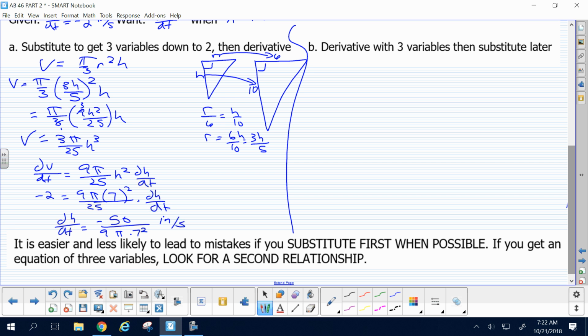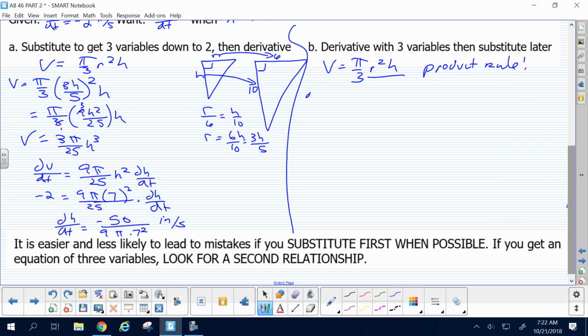The other option, and you better be good with your calculus, is to do the calculus with three variables, then substitute after the calculus. So if you were to say volume is pi over 3 r squared h, you could take the derivative with respect to time of the three variables. If you do, I beg you, use product rule, otherwise you're toast.